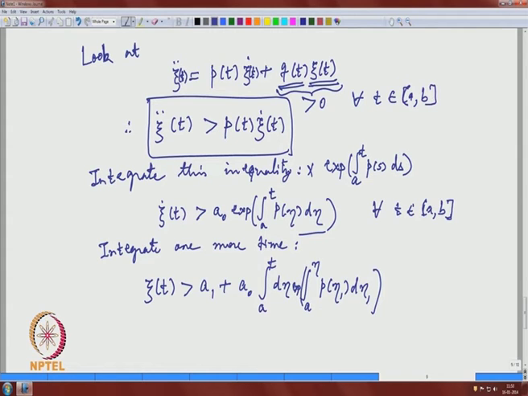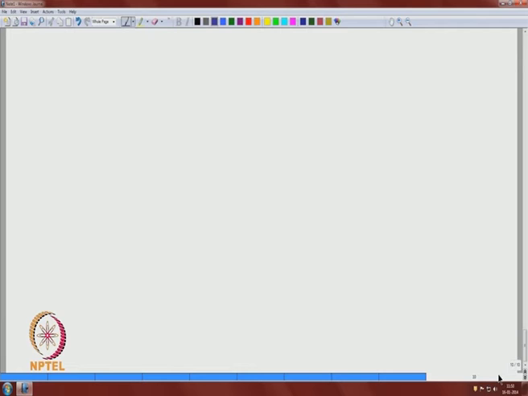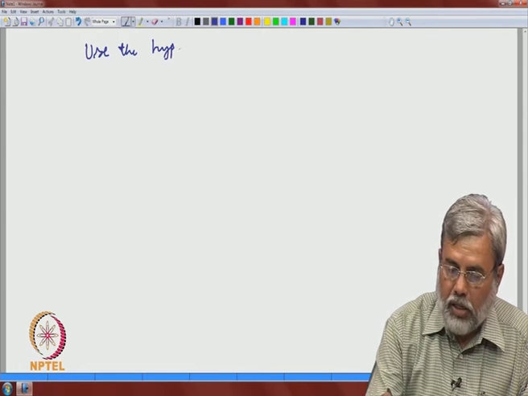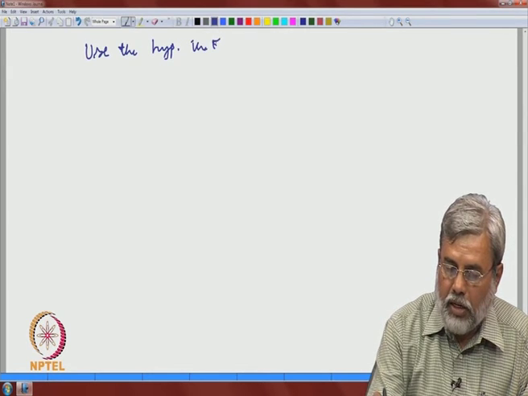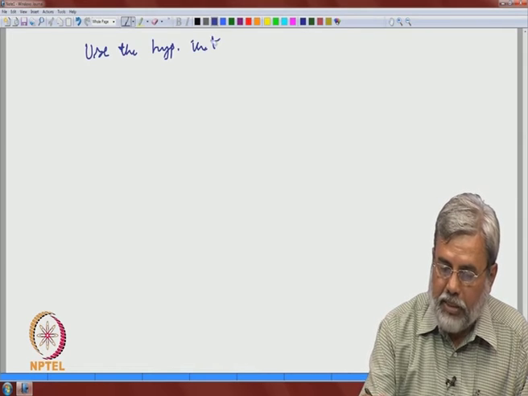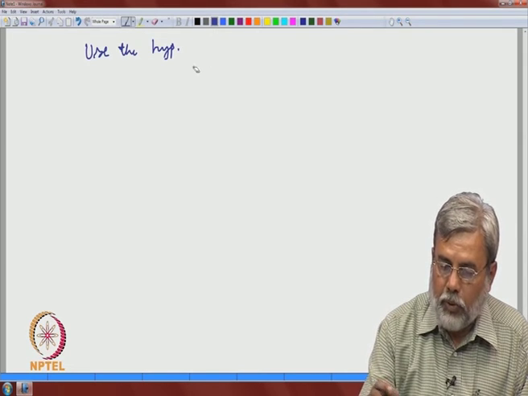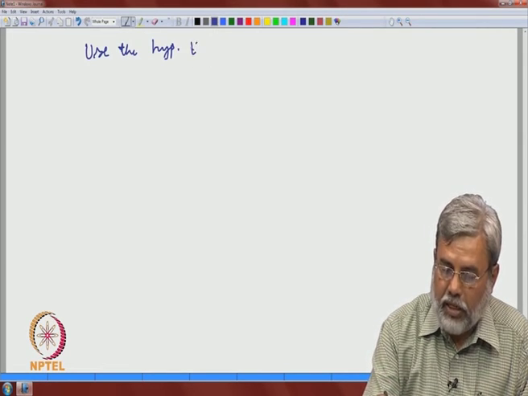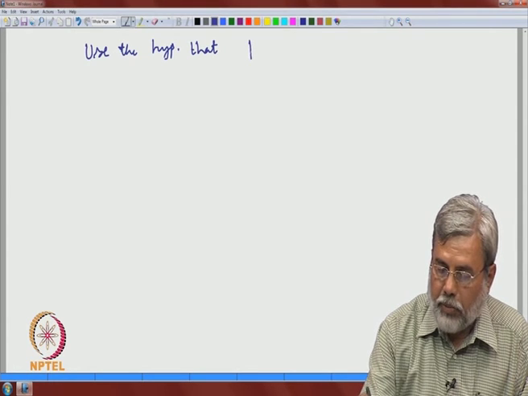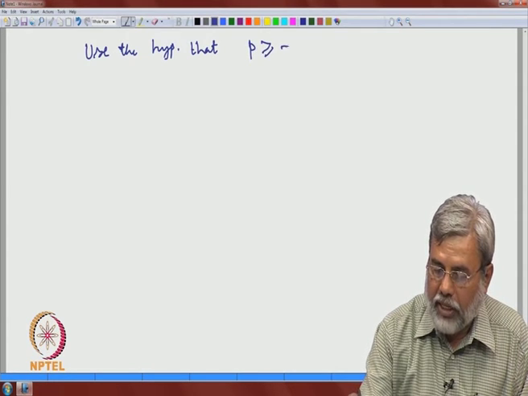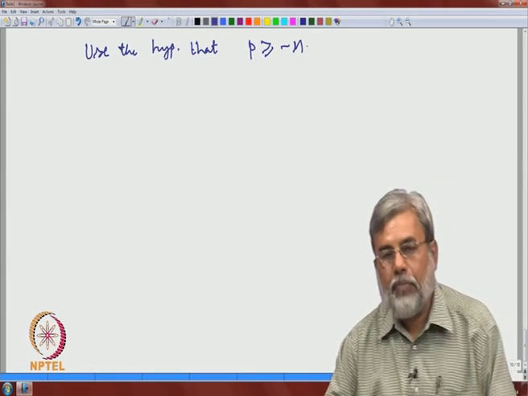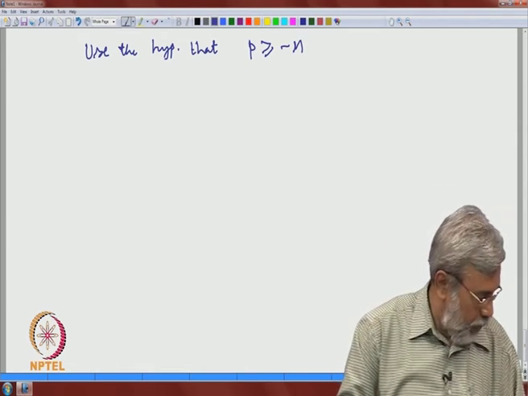Okay. Now, you use the hypothesis that mod P is less than or equal to M. So, we are just using one sided. So, P is bigger than or equal to minus M. Okay. M is some positive constant. Okay.